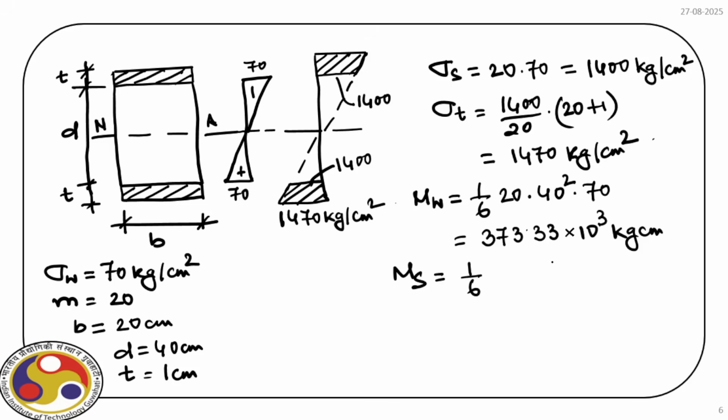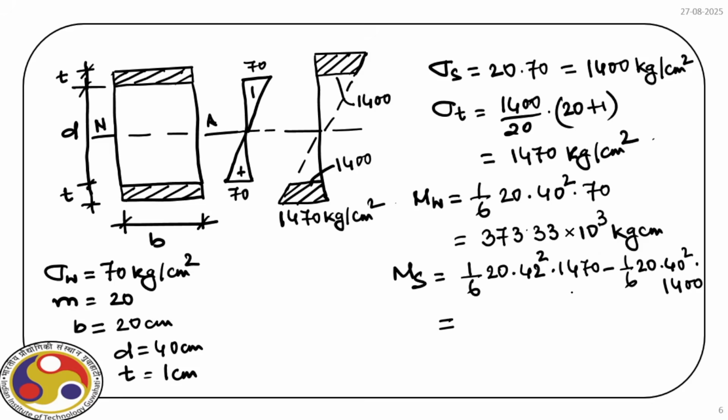For the steel part, we have 1/6, then B is 20 times, we first consider the complete section and then we'll subtract the central part. So for that the depth is 42, so 42 square times 1470 minus 1/6 of 20 times 40 square times 1400.